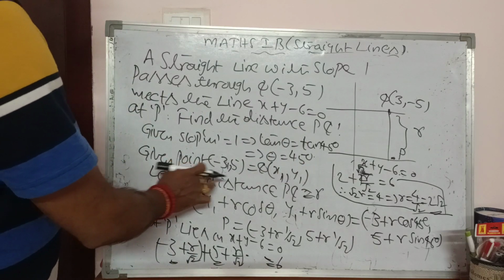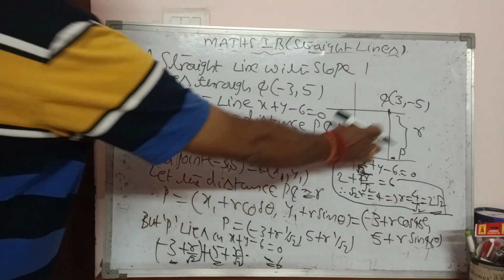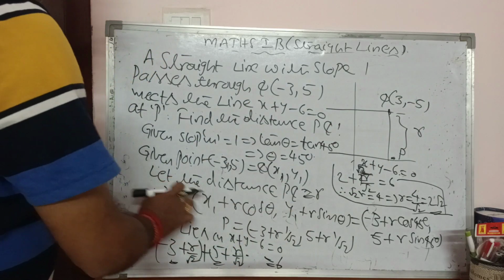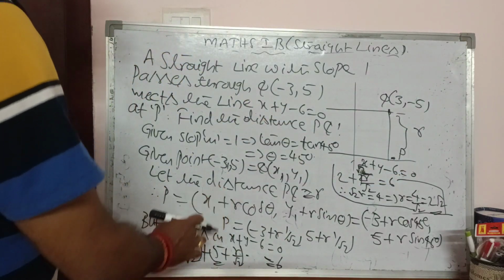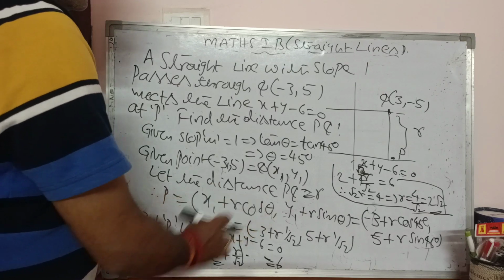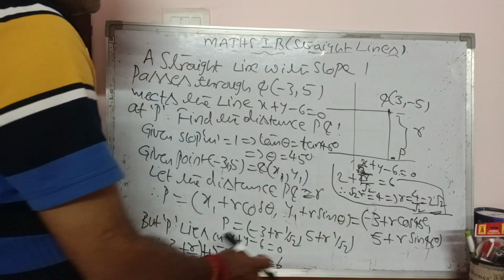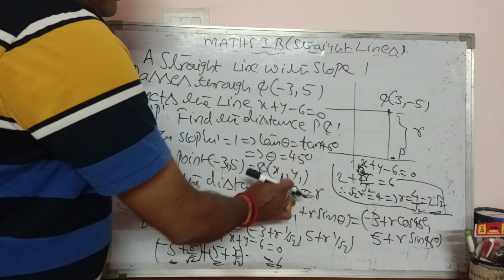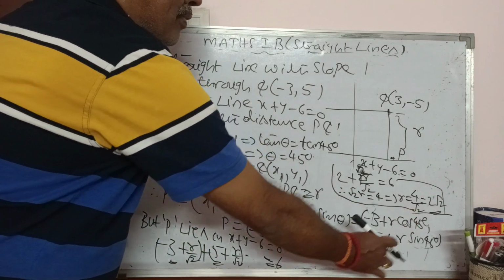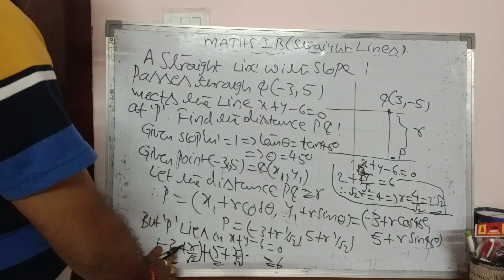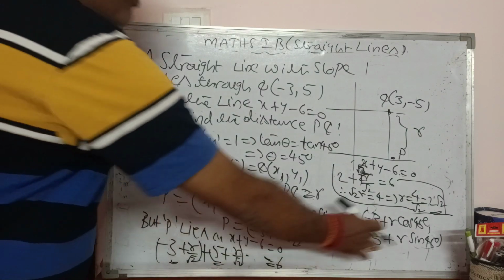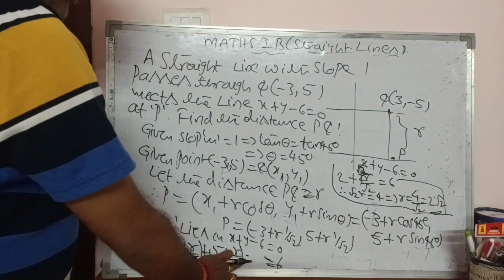So given point (-3, 5), let it be some (x1, y1). Let the distance PQ be r. Therefore P equals (x1 plus r cos theta, y1 plus r sin theta). So it is minus 3 plus r cos theta, 5 plus r sin theta, that is minus 3 plus r by root 2, 5 plus r by root 2.